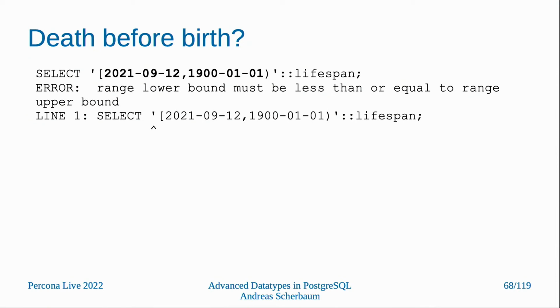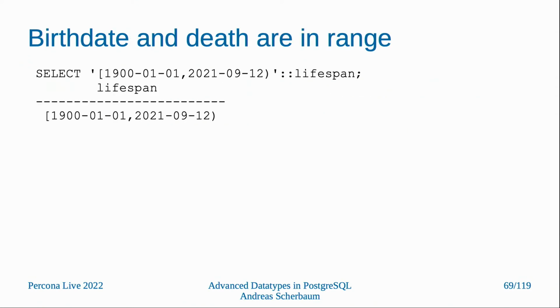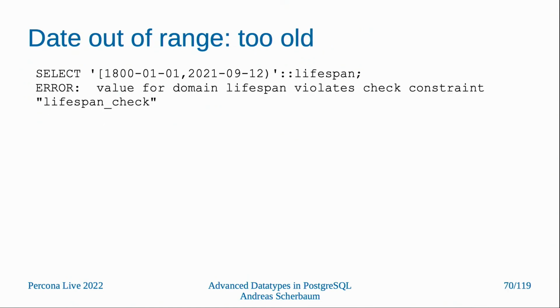Doesn't work because the end date is lower than the birth date. So we're checking this, it's not working. We can go from 1900 as a birth date to 2021. That's still in our 150-year range. And if I exceed it, 1800 to 2021, you see it's failing because now it's more than 150 years.